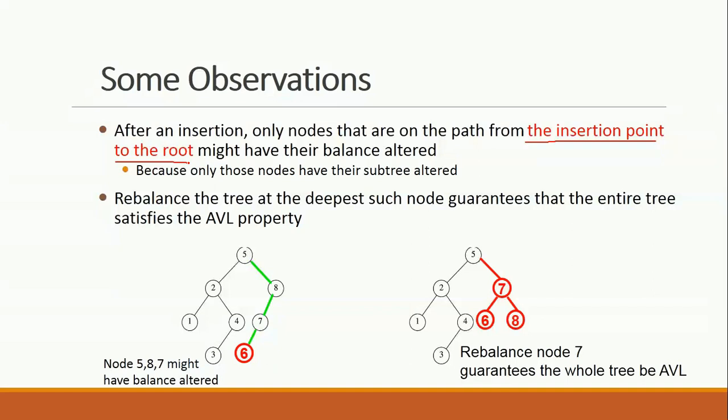One thing you should also understand: suppose you are scanning from 6 in the upward direction to the root. As soon as you find the first violation, do the rotation right there. A single rotation will always guarantee that the tree is rebalanced and the AVL properties are satisfied. Whenever it is violated, only one rotation is sufficient in any of the cases.